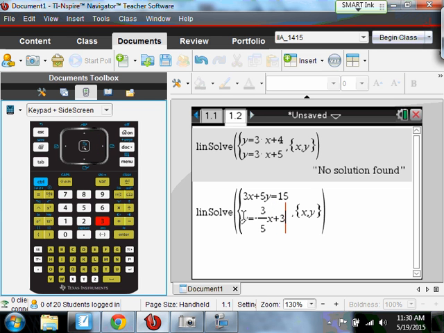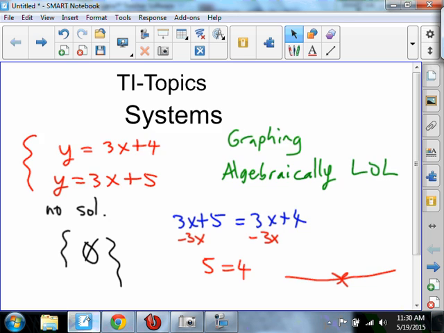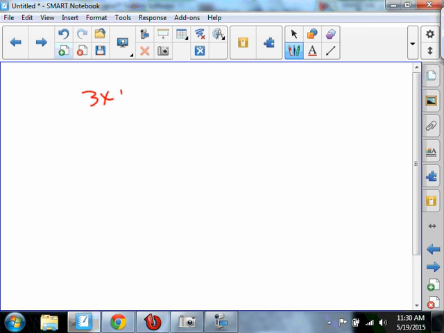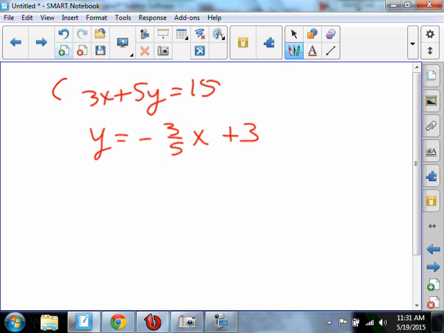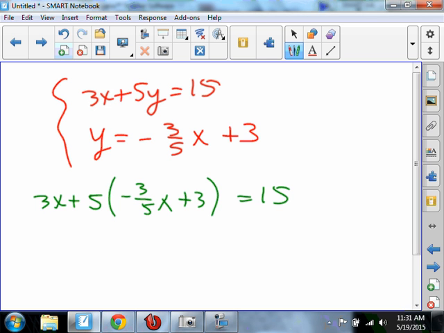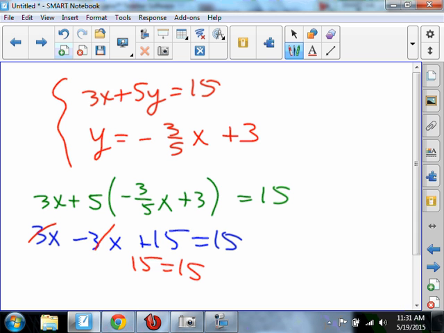Okay, so we have 3x plus 5y equals 15, and y equals negative 3/5 x plus 3 as our system. If we solve that by substitution, we would have 3x plus 5 times the group of negative 3/5 x plus 3 equals 15. And we'd get 3x minus 3x plus 15 equals 15. And the 3x's cancel, and so 15 equals 15, which is true.